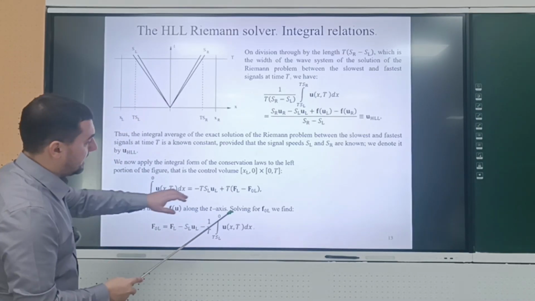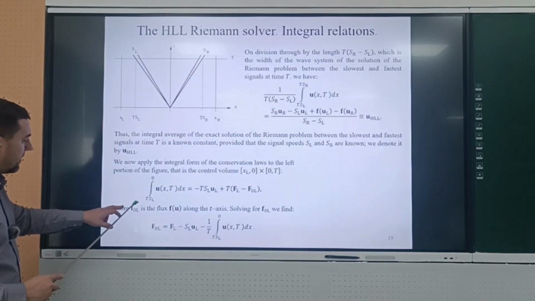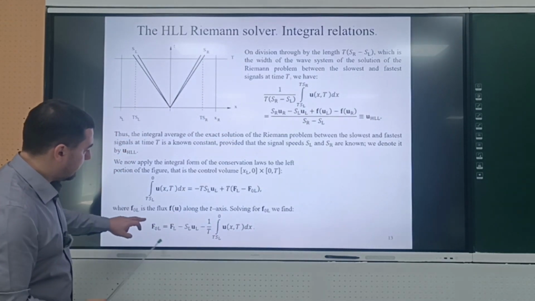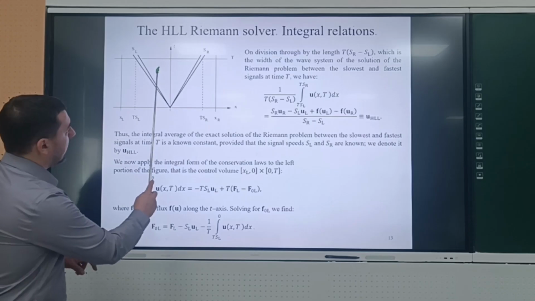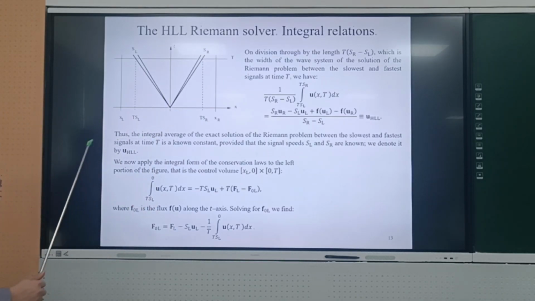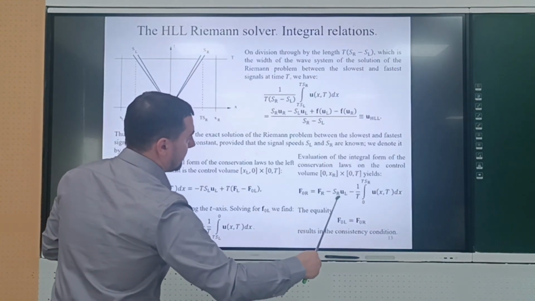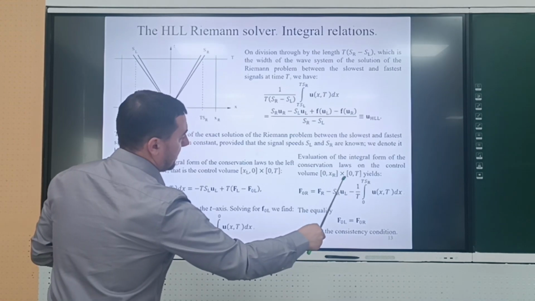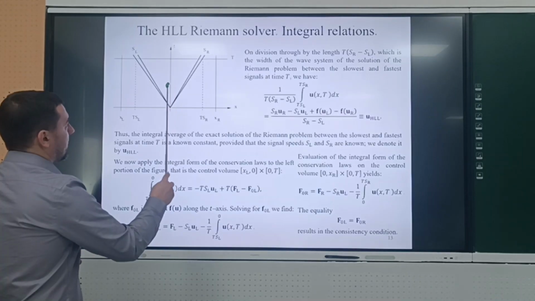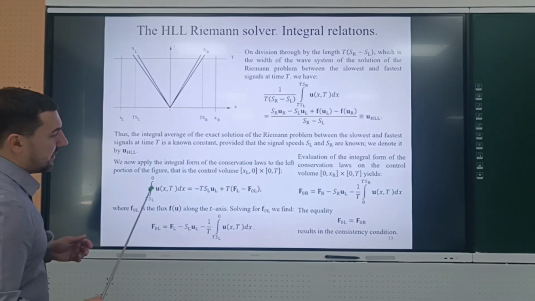And here we obtain this object F_0L. So F, it should be capital, is the flux along the t-axis, and we can find it, it's this flux through this axis. And we can do the same thing for the control volume [0, xR] times [0, t], and we can obtain the numerical flux through this axis from the right-hand side.